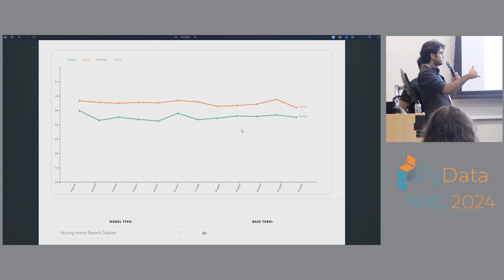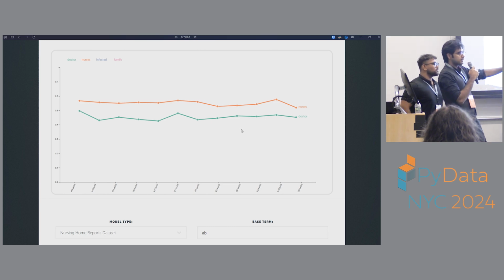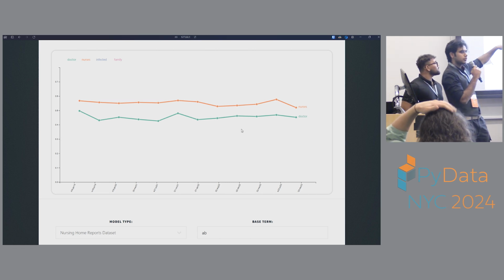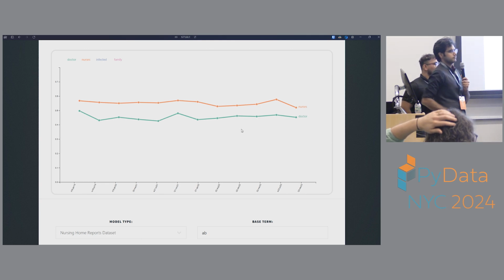So we compare the base term of abuse from, let's say, this time period with the embeddings of doctor and nurses of that time period, and then we draw the lines between individual time periods of how they evolve over time. Yeah, but then the cosine distance for the first embedding model between abuse and doctor, and the cosine distance for another embeddings model in a different time period. Can you compare? Are they apples and apples, or is it apples versus oranges?